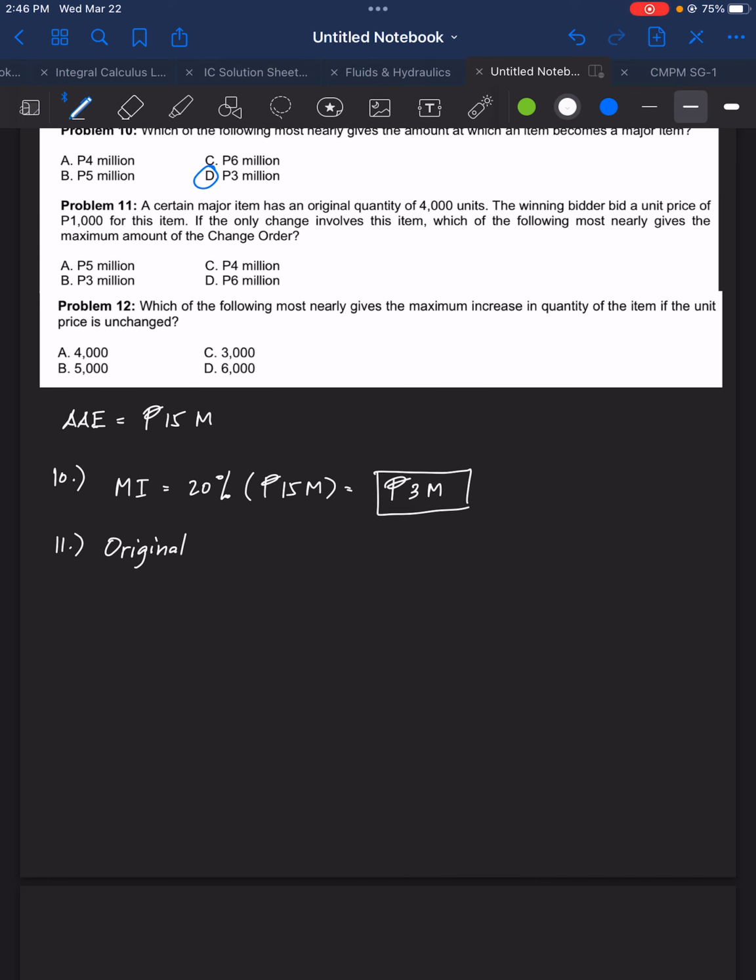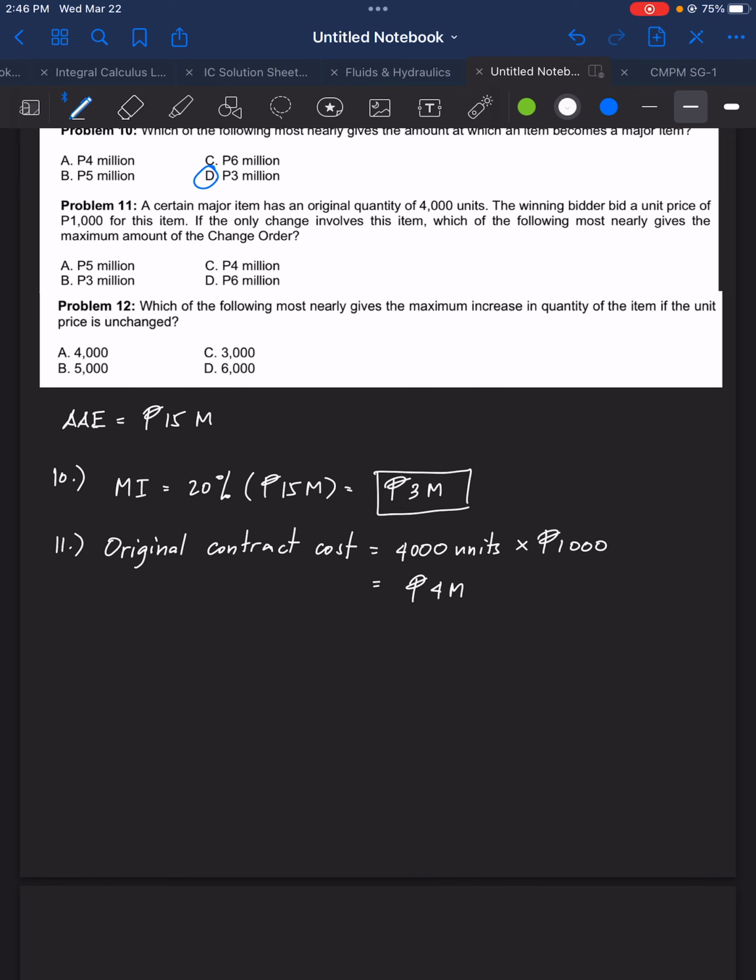So the original contract cost for one certain item, he has there 4,000 units multiplied by 1,000 pesos for the unit price. So the unit price here is given as 1,000 for that item only. So the original contract price is 4 million pesos for a single item.